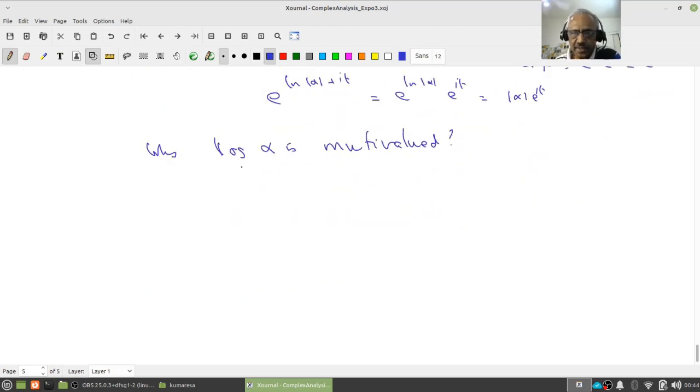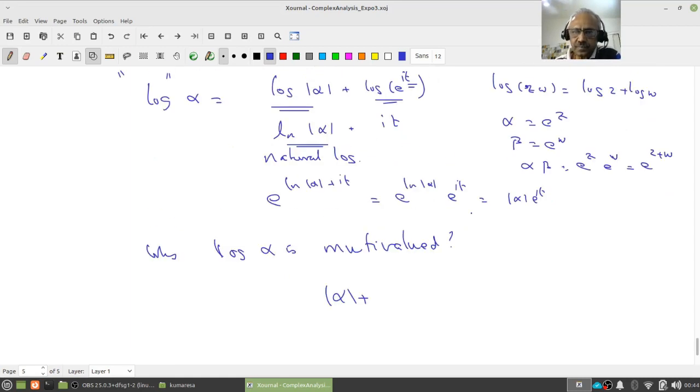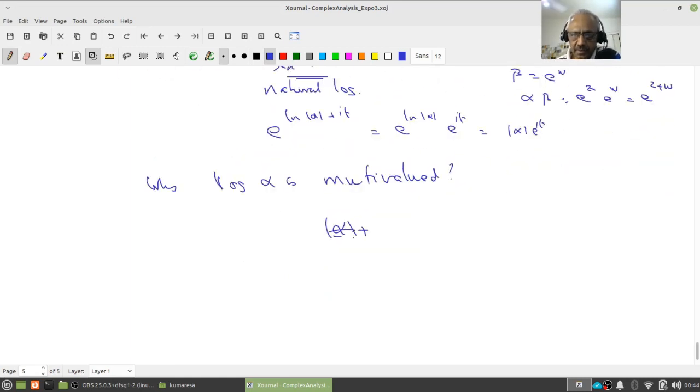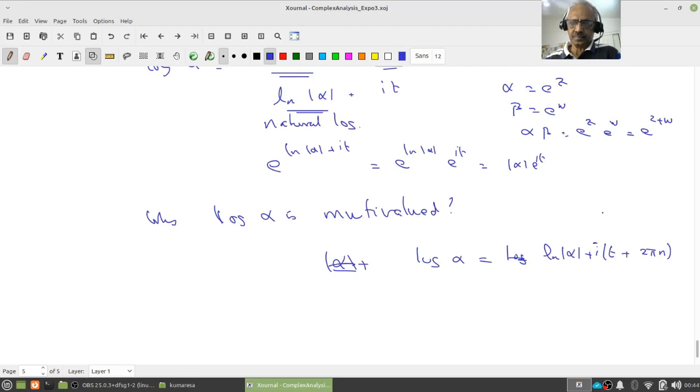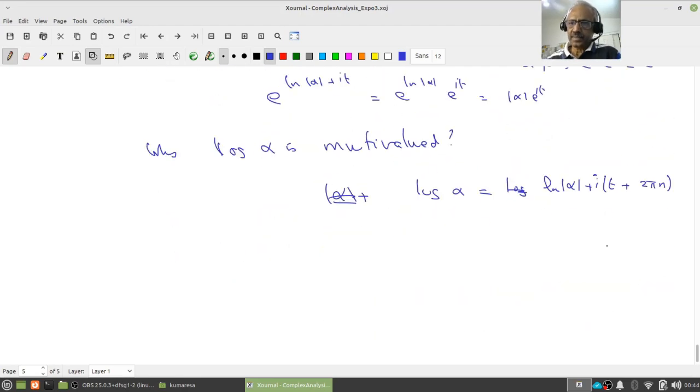Therefore I could have taken the logarithm of alpha to be the natural logarithm of mod alpha plus i times t plus 2 pi n, for any natural number n. So this is where the multivaluedness comes.